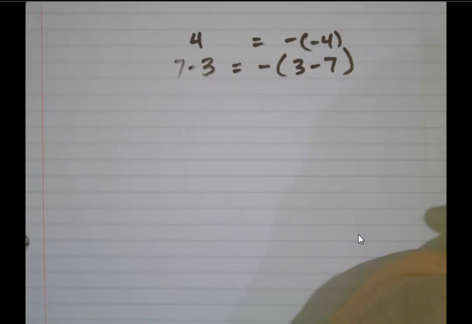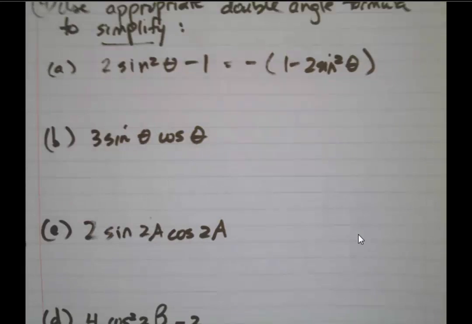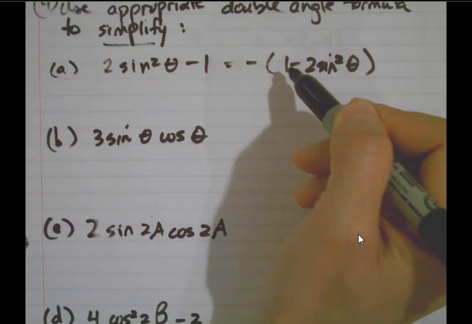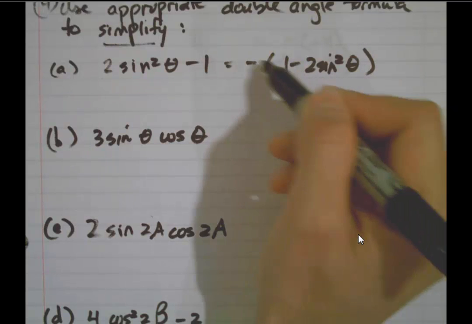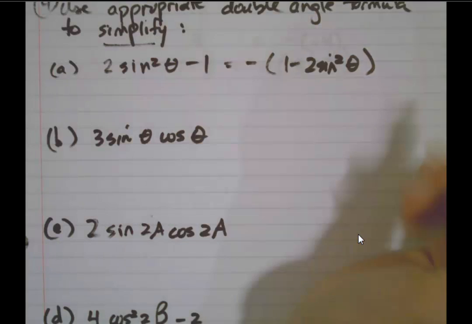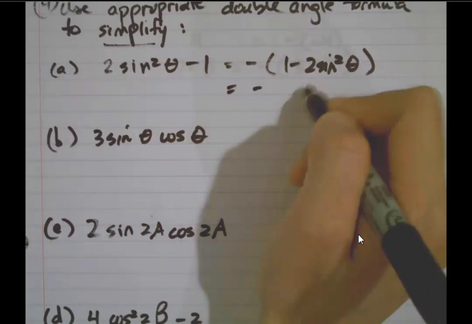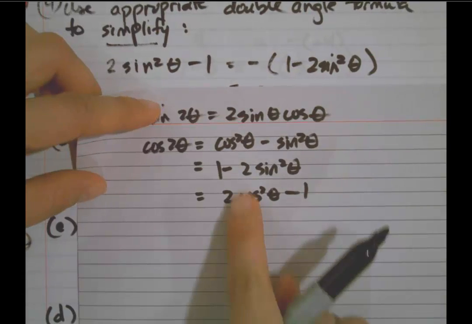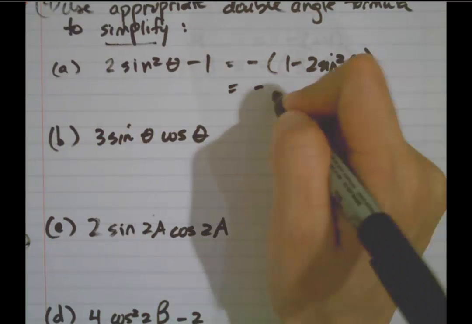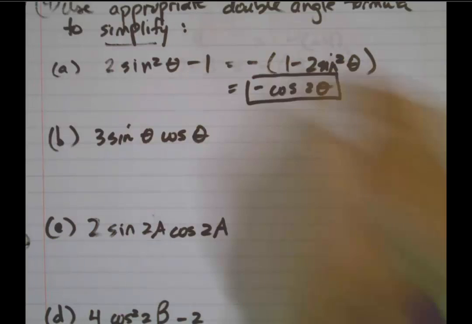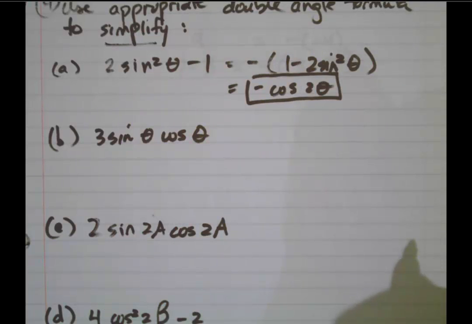So that's basically all we're doing here, is we are switching the two numbers that we're subtracting, but then we got to take the opposite, and that makes it equal to the expression on the left. And I know that 1 minus sine squared theta is equal to cosine 2 theta. And that would be a more simple expression.